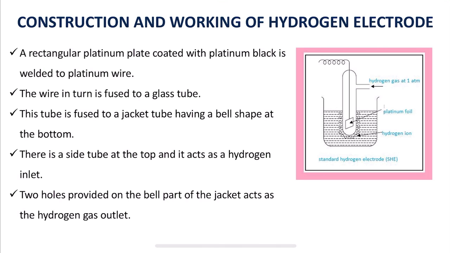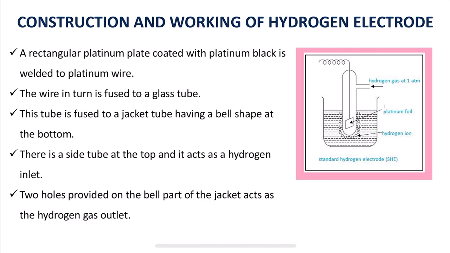So it is a table, a series of electrode systems. The electrochemical series is used to determine the free energy change and equilibrium constant of a cell reaction. Further, it is also used for the prediction of displacement reactions.